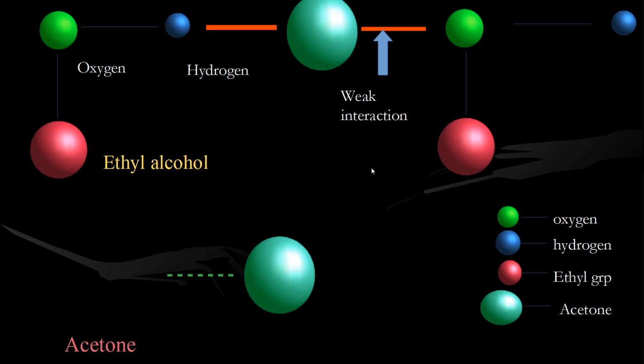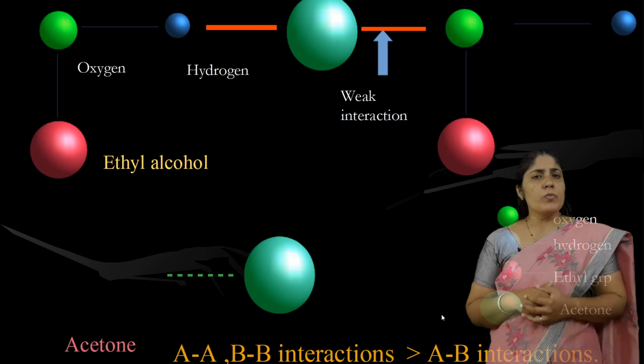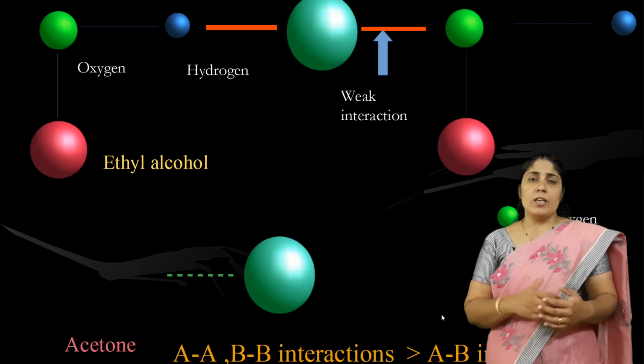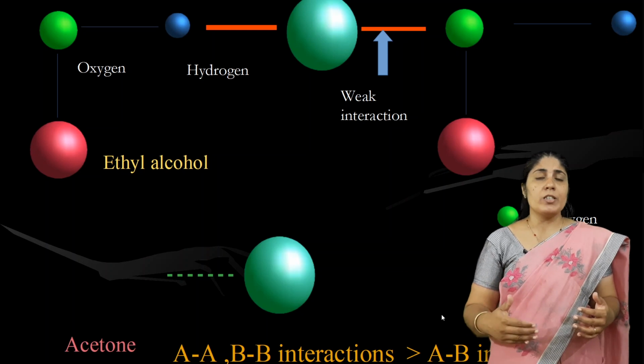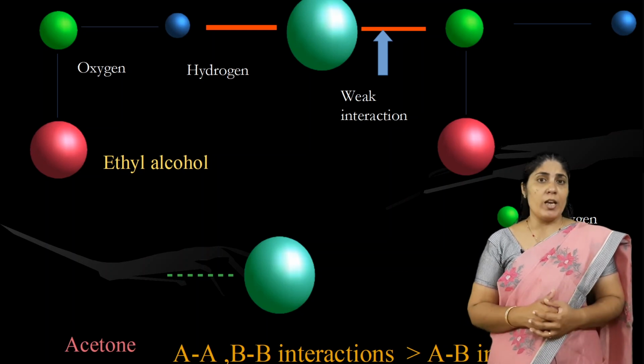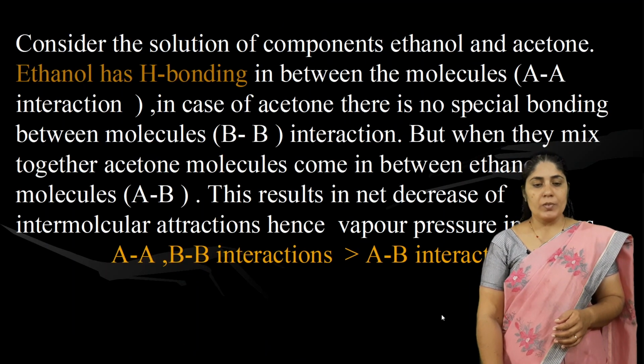So that means the AA component interaction and BB component interaction is stronger than the AB interaction. From this you can easily conclude that because the AA and BB interactions are stronger than the AB interaction, obviously the vapor pressure increases.